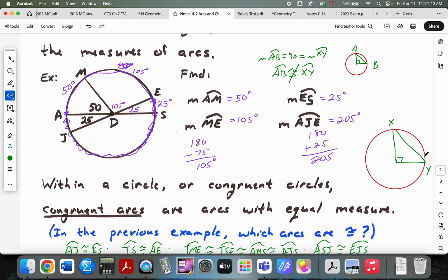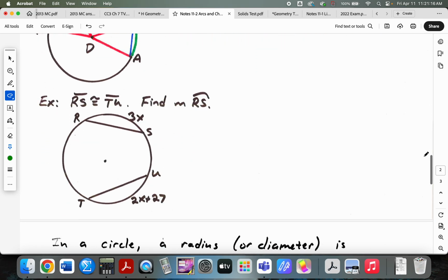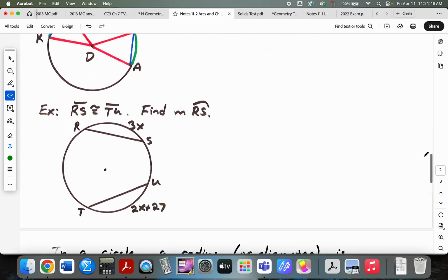No. Not remotely. Okay. All right, so here we know that chords RS and TU are congruent to each other. It says find the measure of arc RS. Well, if those two chords are congruent to each other, we know that the two arcs are congruent to each other.